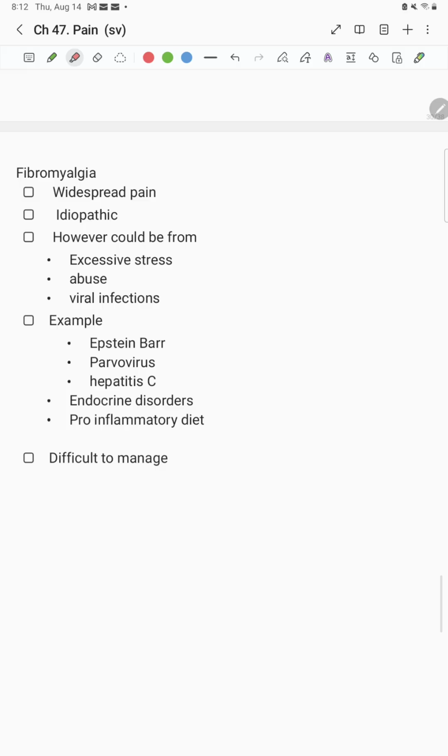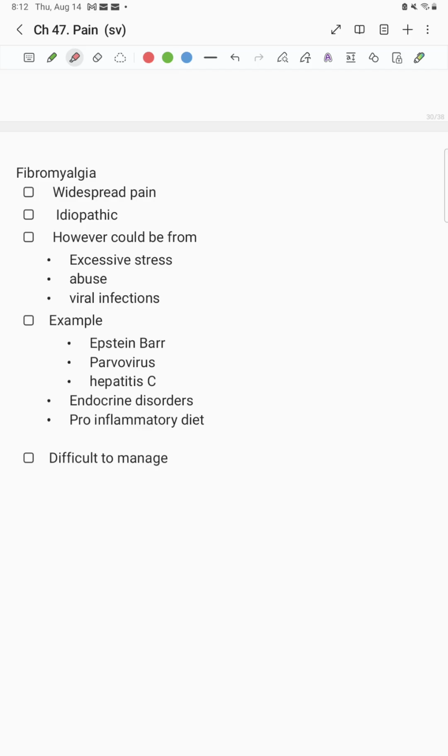Fibromyalgia is a widespread idiopathic pain disorder. Some theories on what it is: excessive stress, plus abuse, plus viral infections.